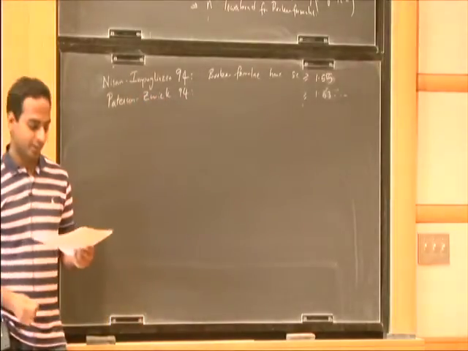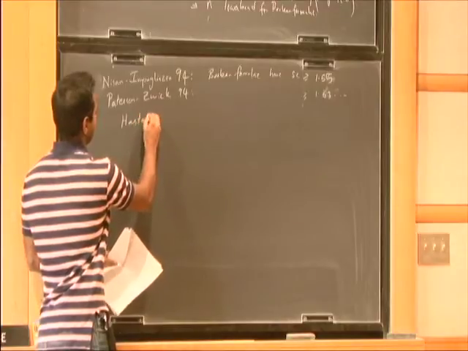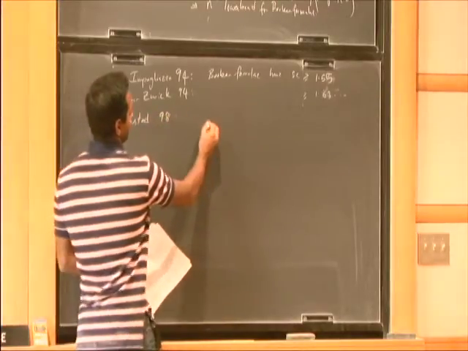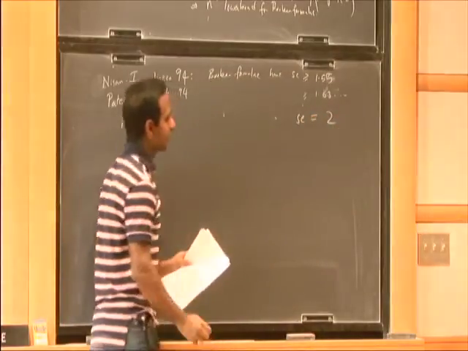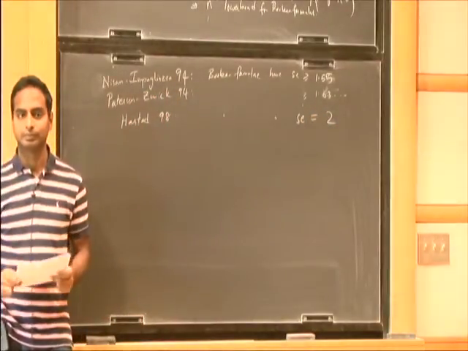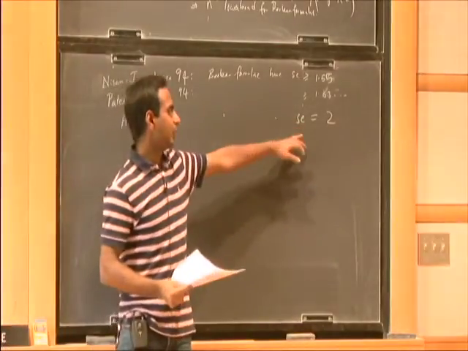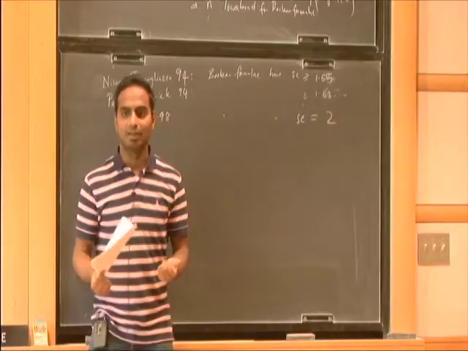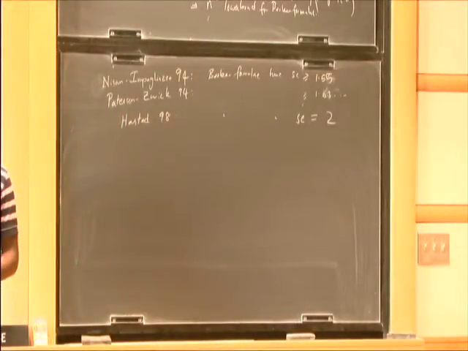Then came along Håstad, who showed that it is equal to 2. And less than or equal to 2 follows because parity has a Boolean formula of size n squared, and obviously you don't get any shrinkage for parity.